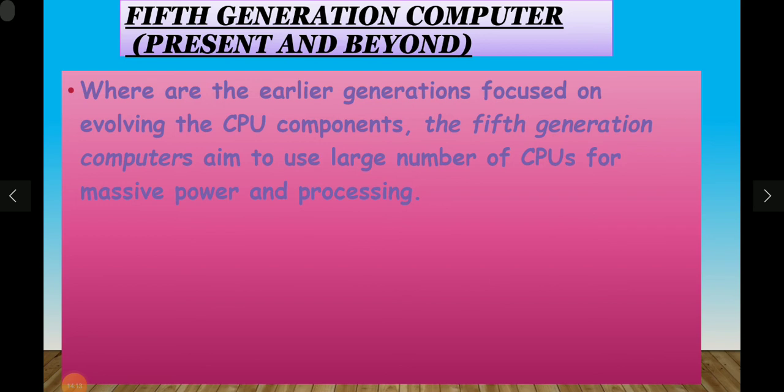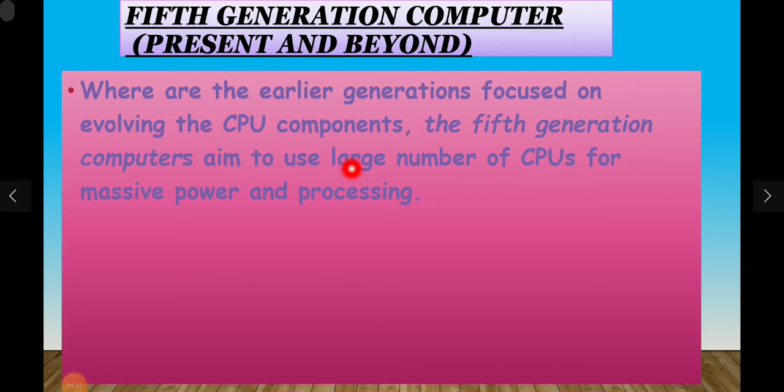The early generations focused on evolving the CPU component, isn't it? We kept on inventing faster processing units, and if we take our mobile as an example, we can see the various versions of Android. Now we are using Android 10.